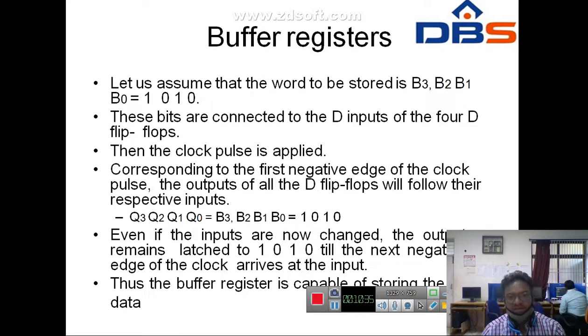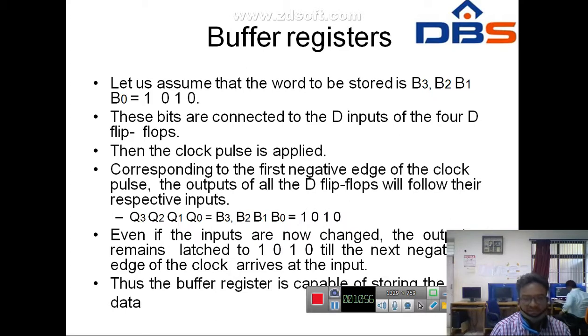Next we will see what a buffer register is and what a shift register is. Before that, we have to see the need for registers. There are two functional characteristics of registers: temporary storage and shifting capability.